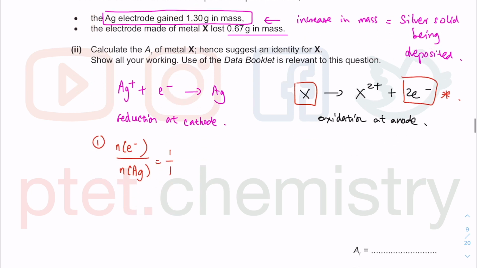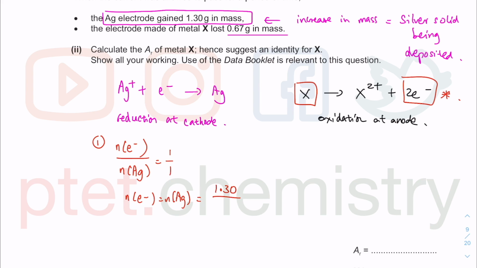So the mole of electrons is equal to the mole of Ag, and this is just the mass of Ag, 1.30 gram, divided by the relative atomic mass, which you need to go to the data booklet. Let me also open up my data booklet.